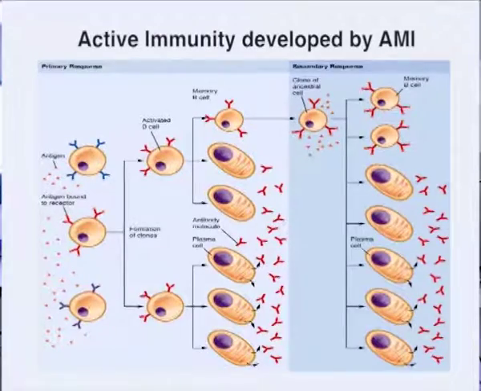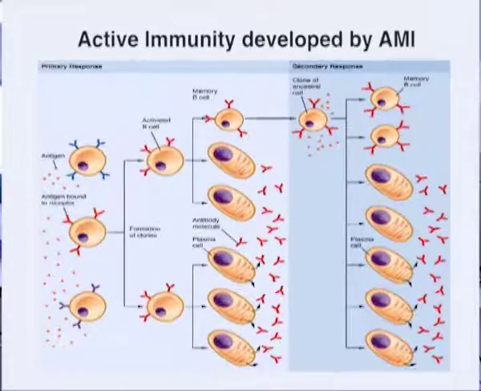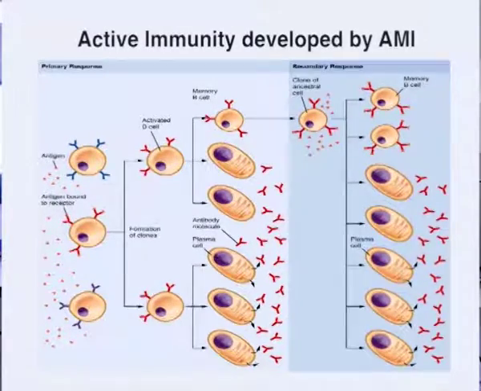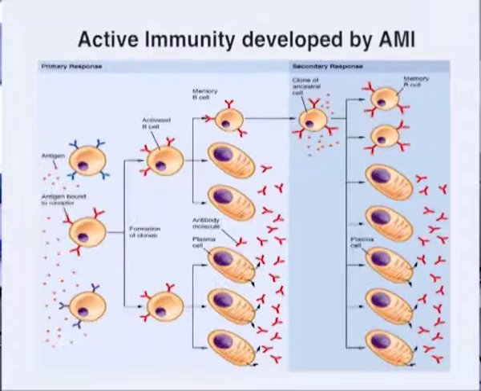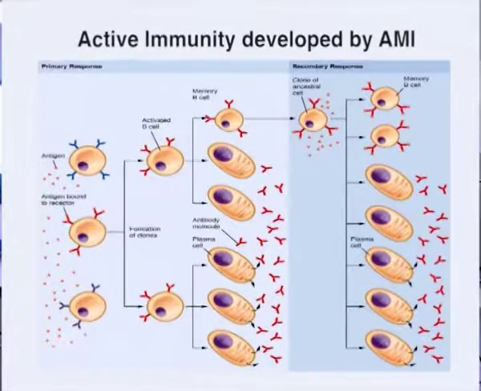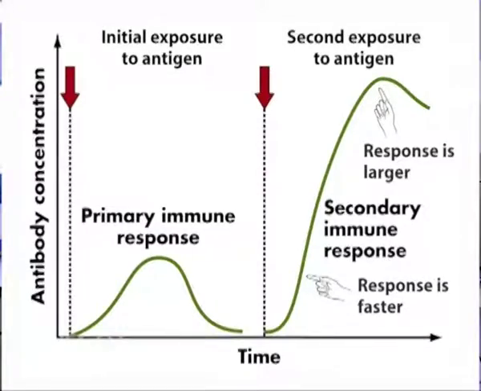Active immunity has an incubation period where, after receiving stimulus, cells of immune system undergo secondary maturation to perform effector functions. This incubation period is larger in case of first encounter with the antigen. This is primary immune response. The length of incubation period is reduced when the host comes across the same antigen for the second time.